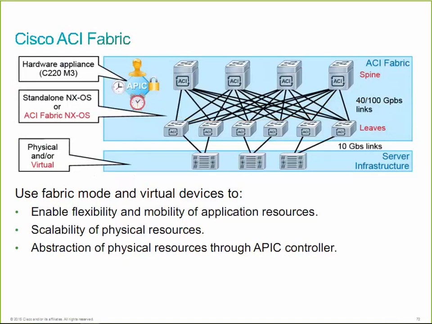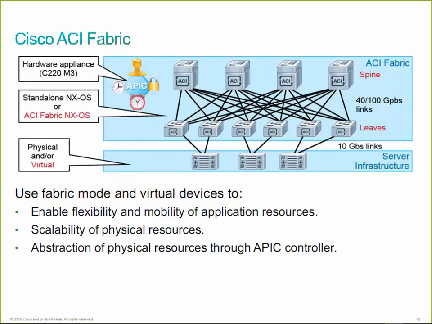The leaves themselves are the bottom level switches that connect all the servers and all the other parts of the network to our ACI Fabric. So our server infrastructure is kind of listed separately. It connects to all these different leaf nodes, and then the leaf nodes connect to the different spine nodes through the ACI Fabric. Okay. The entire environment, including the actual servers themselves, are controlled by the APIC controller.